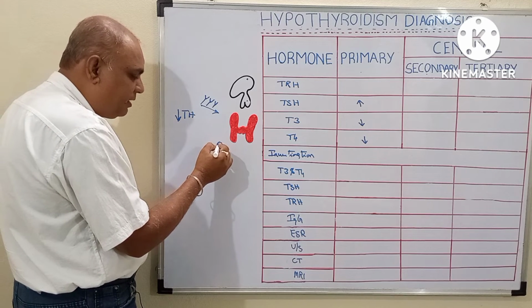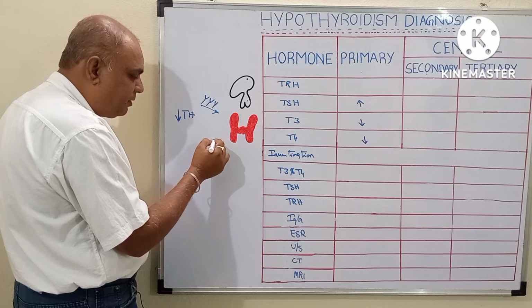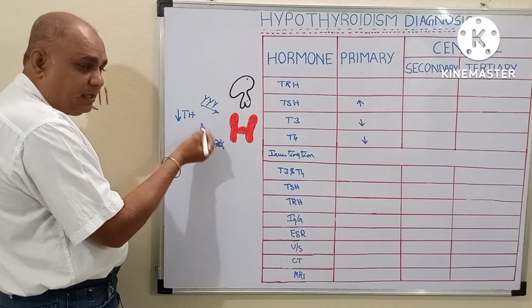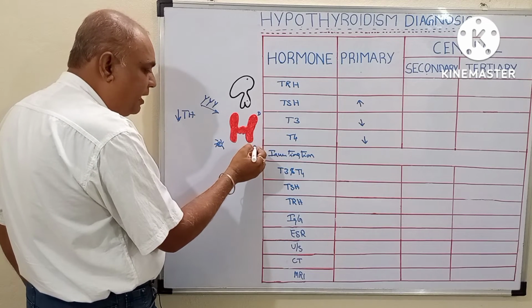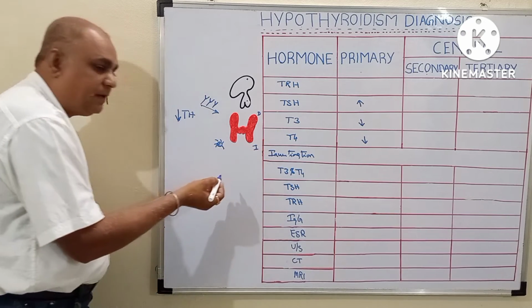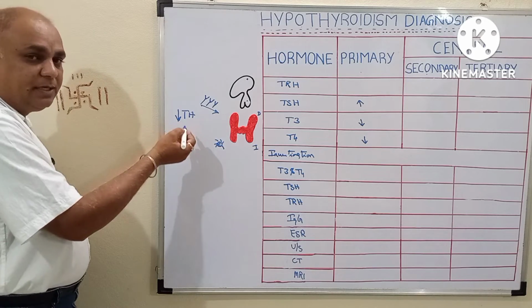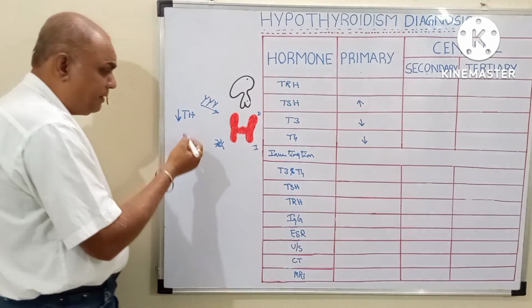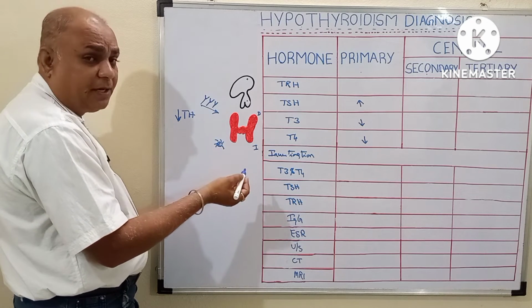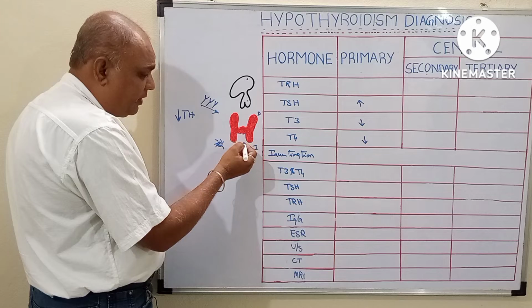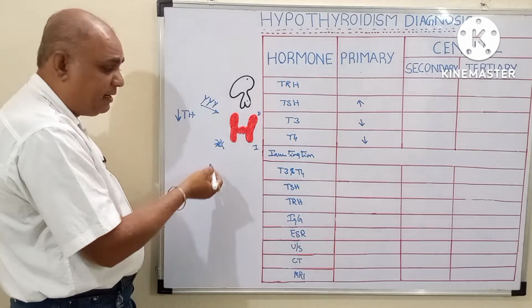A few viral infections, as well as a few drugs and the iodine levels of our body, may also reduce thyroid hormone secretion. These are a few reasons because of which thyroid hormone secretion gets reduced.